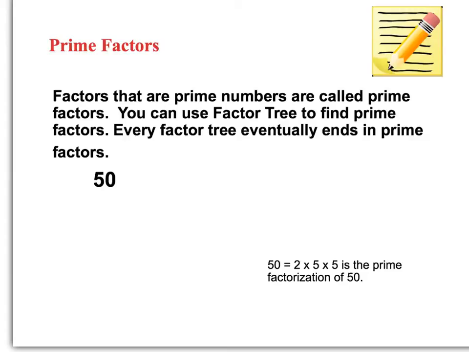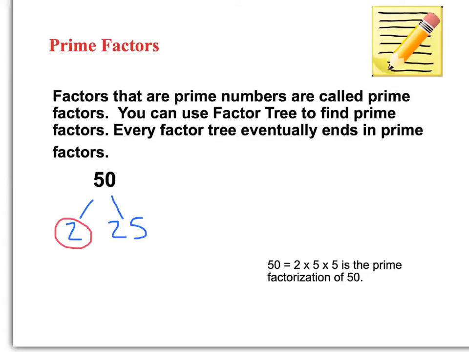Alright, here we go. So 50. Now you can multiply 2 by 25 to get 50. So let's do that. So we're putting 2 and 25, so we multiply them together. Alright, now, are any of these numbers prime numbers? Well, you know that 2 is a prime number, so we don't have to do anything else with that because that's already broken down into a prime number.